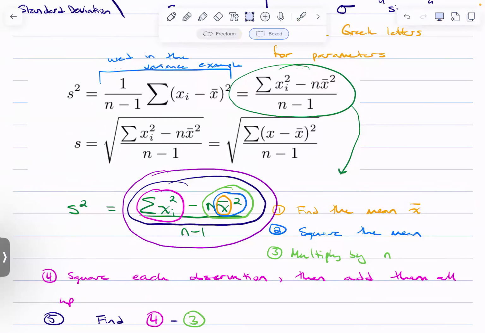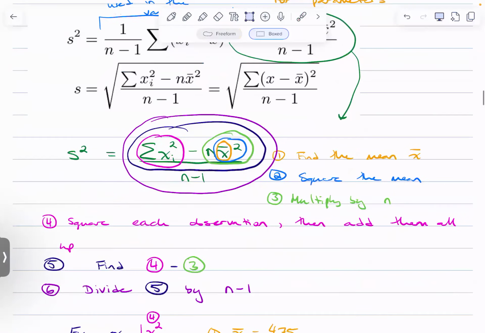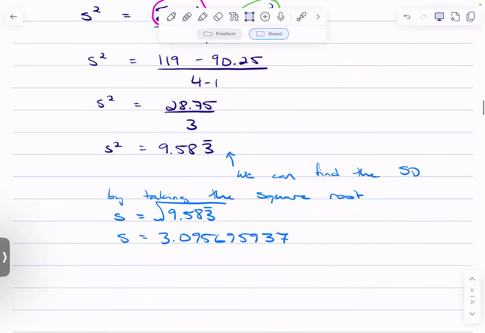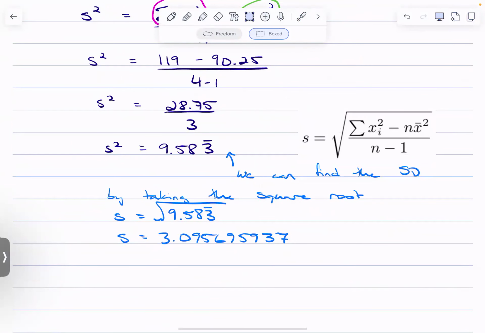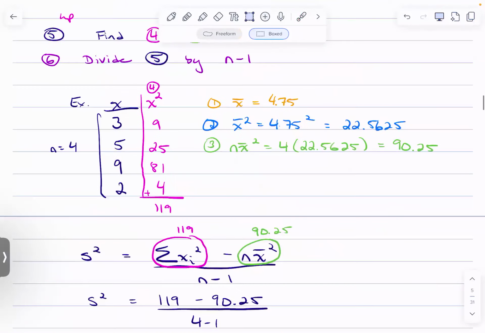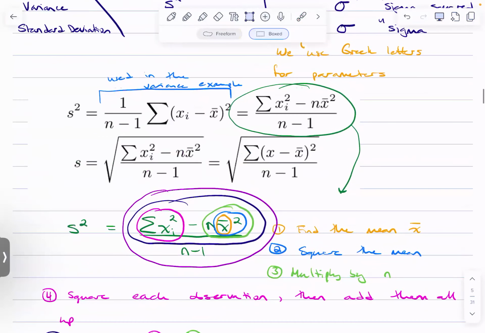So we've done this one already, but I'll attach it here so you can see it. So the only one we haven't done is this last one.